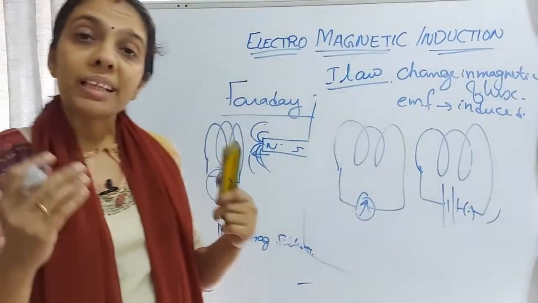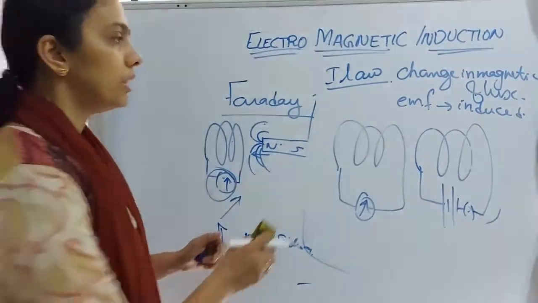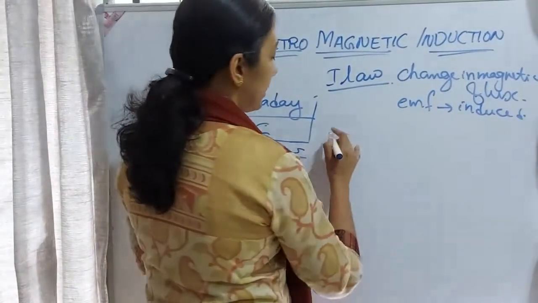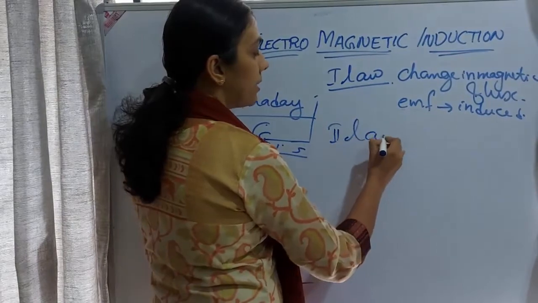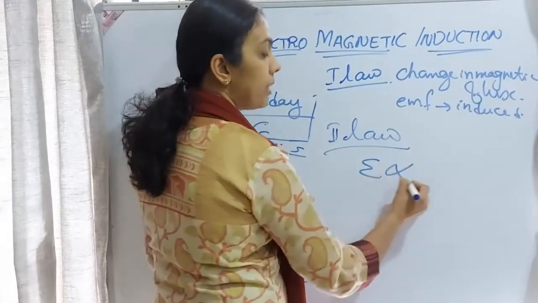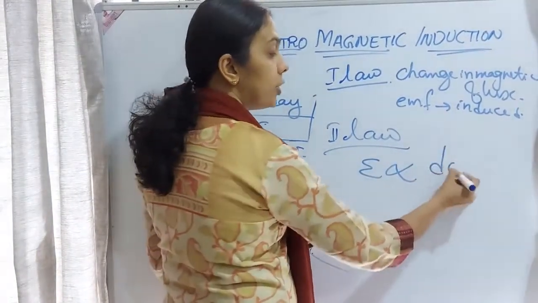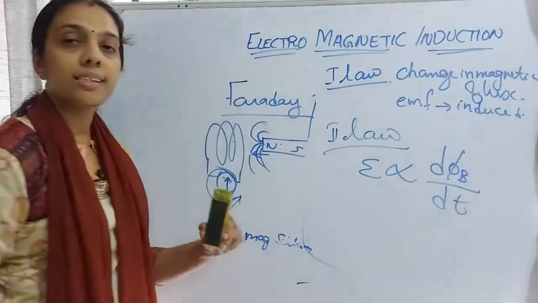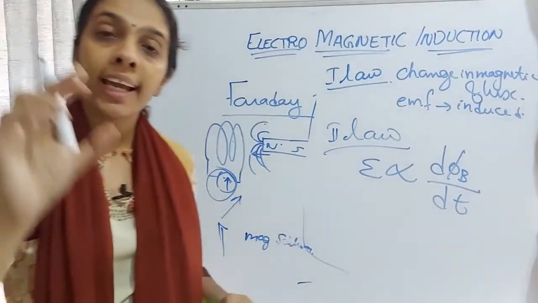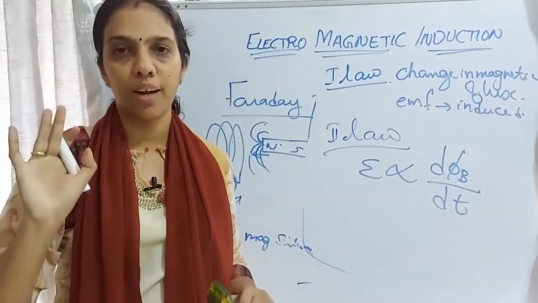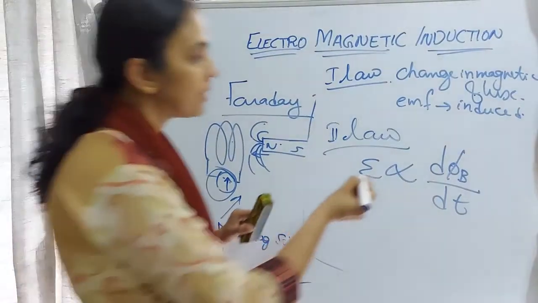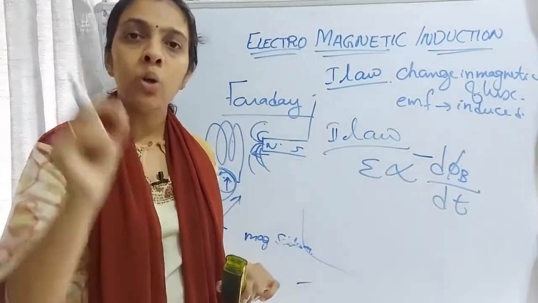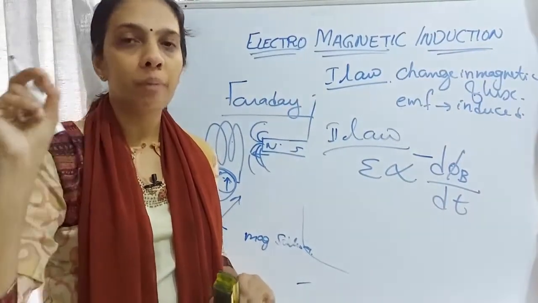Now, how much will this EMF be? The second law states that the EMF induced in the circuit will be directly proportional to the rate of change of magnetic flux, and it is represented with a negative sign. While representing it mathematically, we write E is proportional to minus d phi by dt.